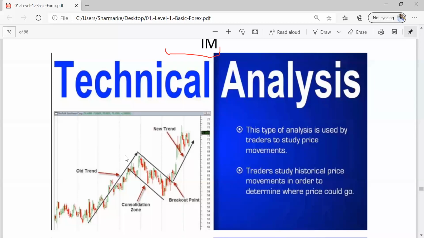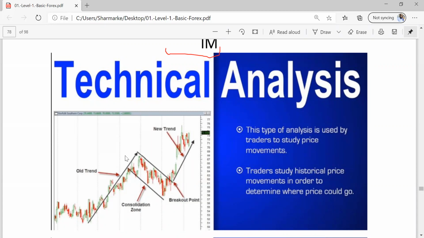They look at the past history, what has happened in this area. Is this a strong resistance area? Is this a support area? When the market comes here, how does it react? Are there more buyers here? Is it the sellers' zone? So there are a lot of things that you need to check.